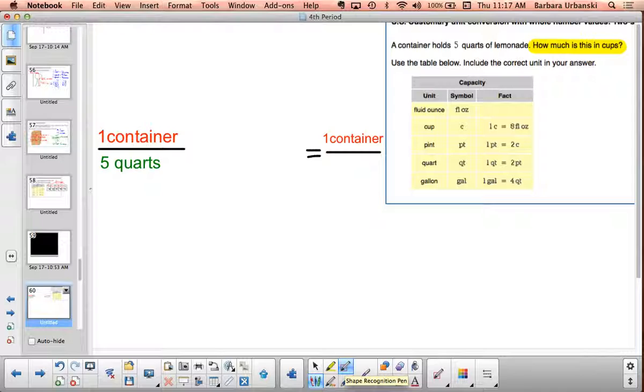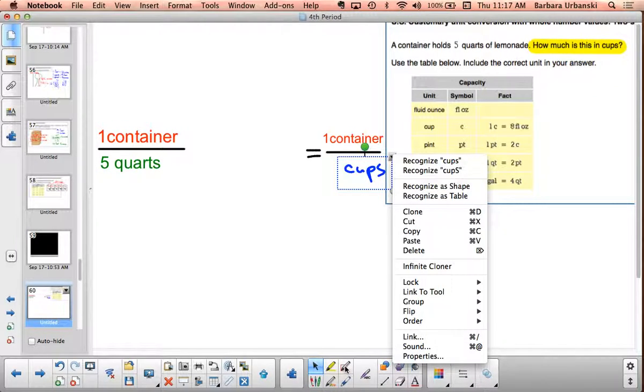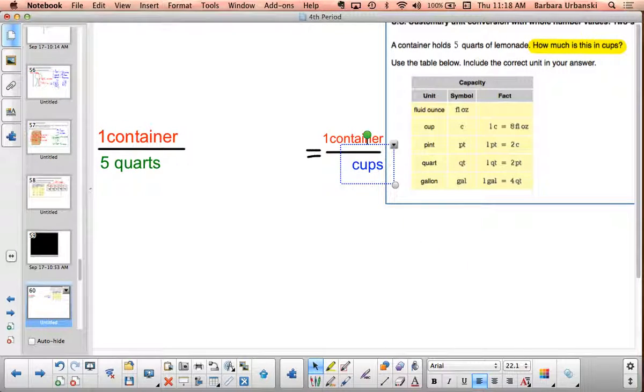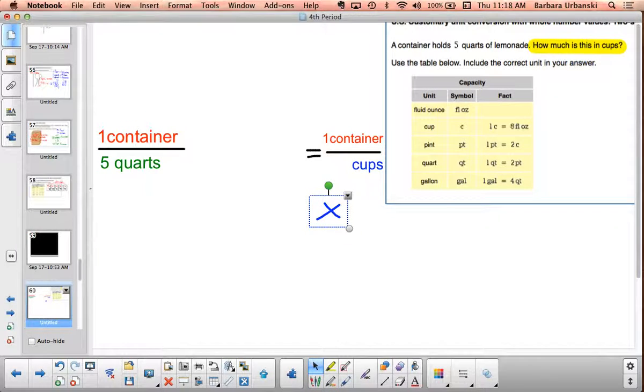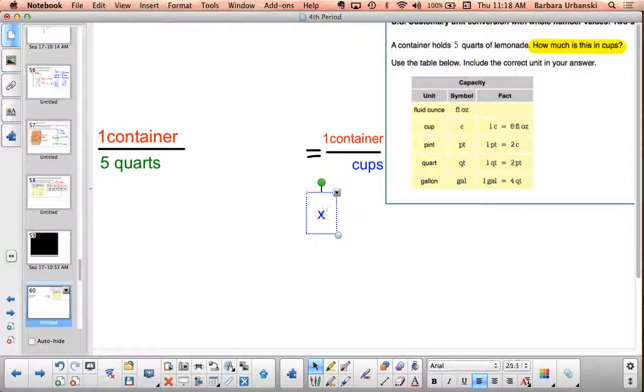I need to know how much that would be in cups. And because I don't know, and in the unknown we are going to be using a variable, we could just say we are going to use the variable x because we don't know how many cups it's going to be. So that's where we're at.